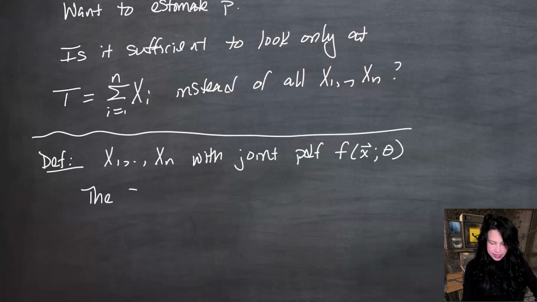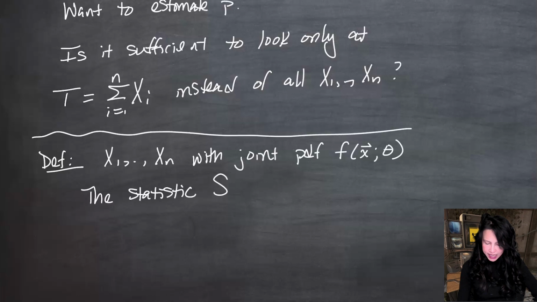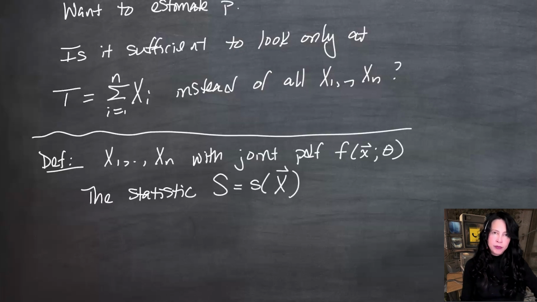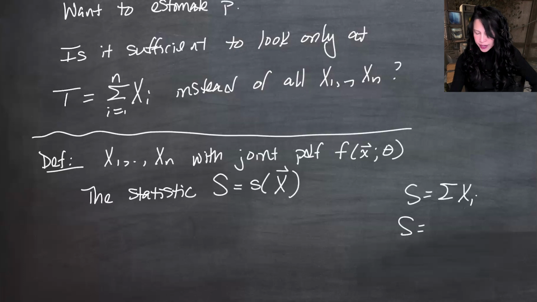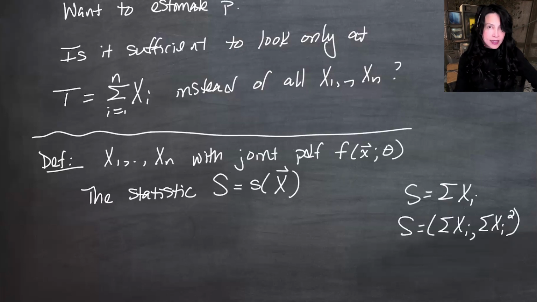The statistic, instead of calling it T, I'm going to call it S for sufficient. And this is going to be some function of the data. And it actually can be a two-dimensional function of the data or a three-dimensional function of the data. So as an example over here, a statistic might be the sum of the x's. A vector of statistics might be the sum of the x's and the sum of the x's squared. Anything you want, any different functions, and we can have any dimension here.